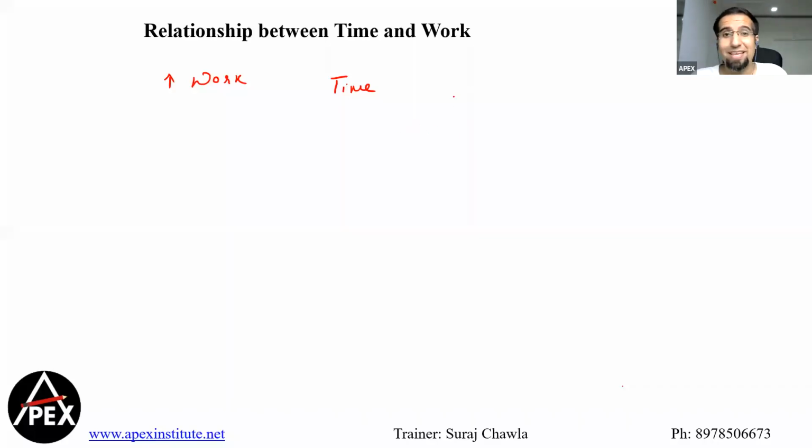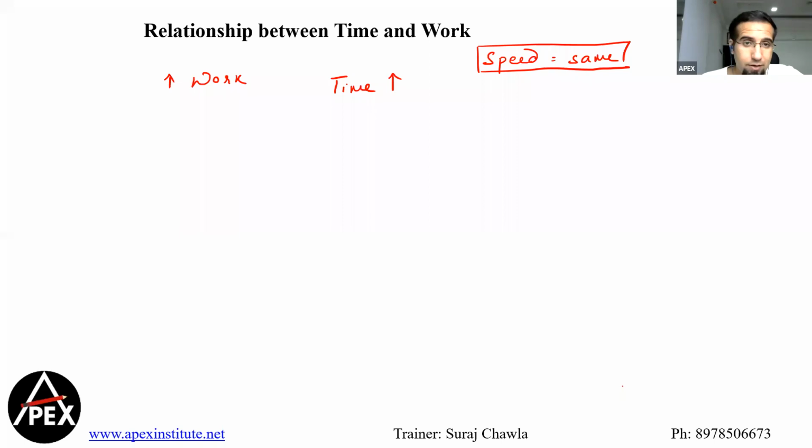See, I remember one thing. I am assuming that the speed at which you are working remains the same. So please remember, guys, a normal human being, if I have more work, I will take more time to complete the same work, right?